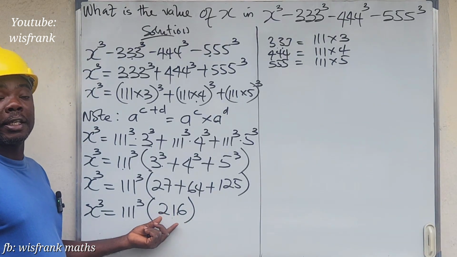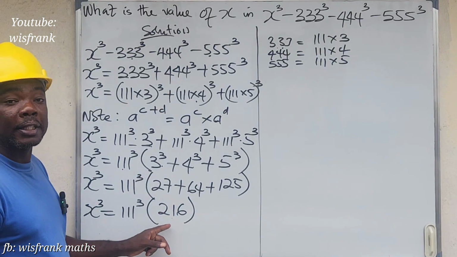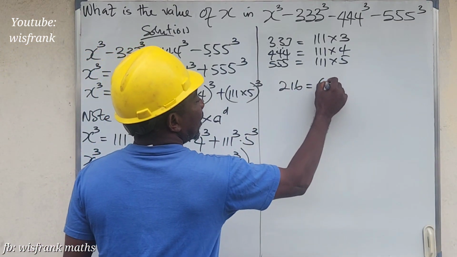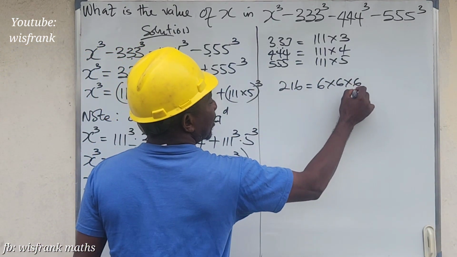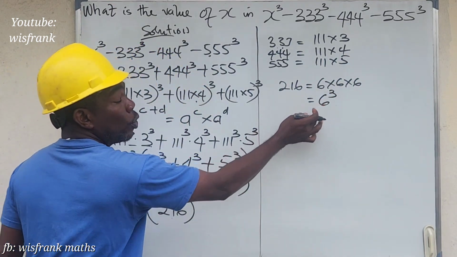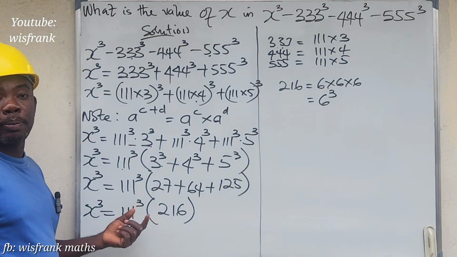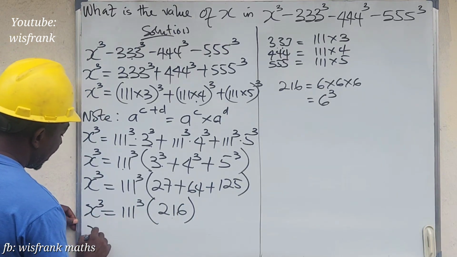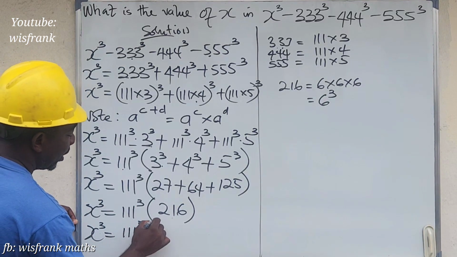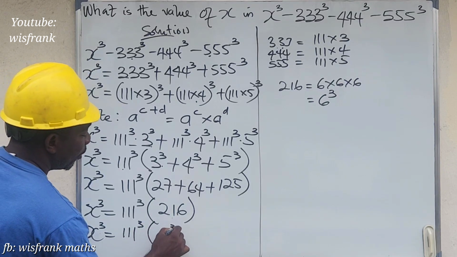And 216, if we expand this, 216 is the same thing as 6 times 6 times 6, which equals 6 to the power of 3. So replacing 216 as 6 to the power of 3 will give us here x to the power of 3 equals 111 to the power of 3 into 6 to the power of 3.